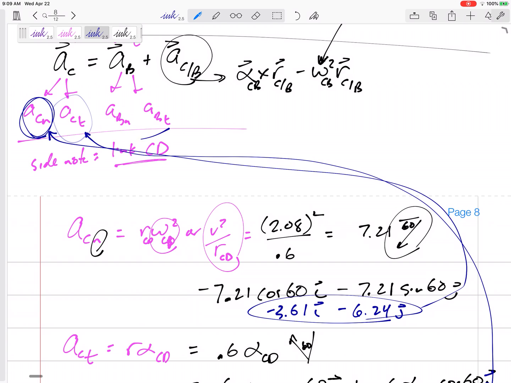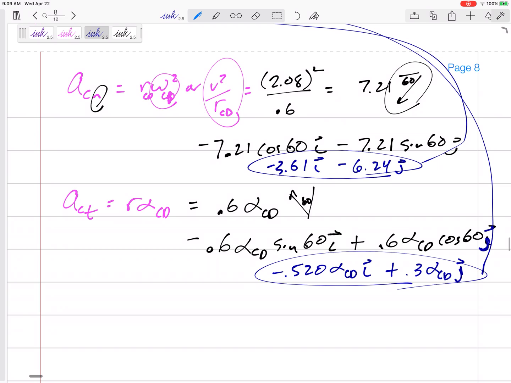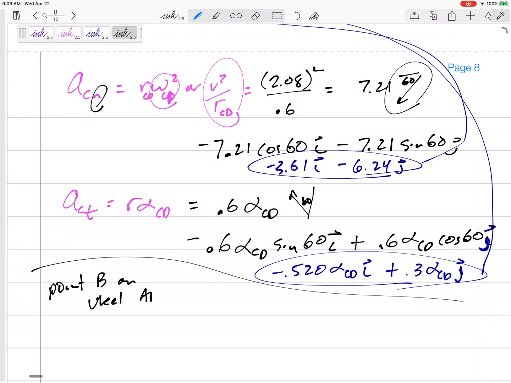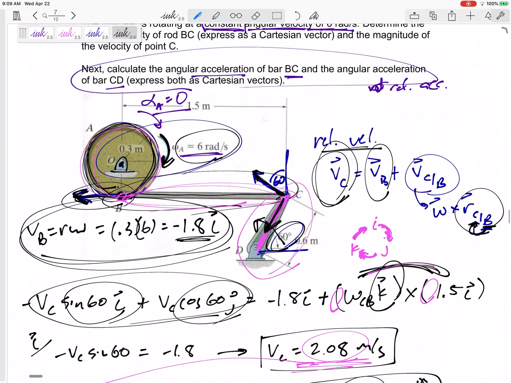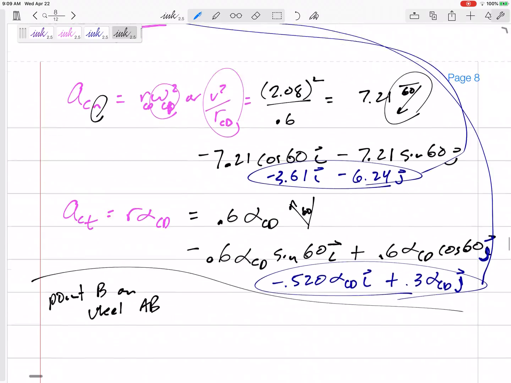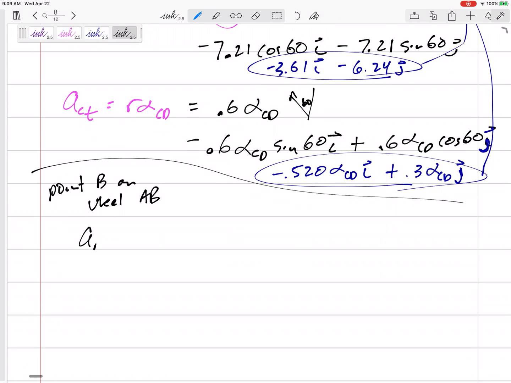Okay, now let's take a side note and look at point B. So look at point B on that wheel, that disc AB. AB normal and AB tangential. AB normal is r omega squared, or v squared over r.